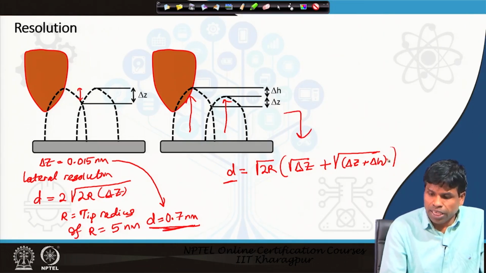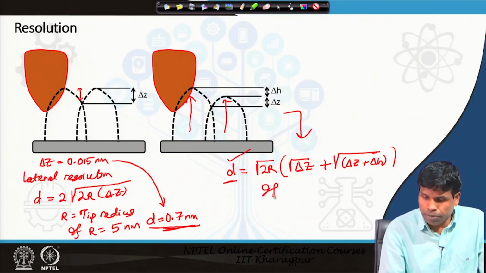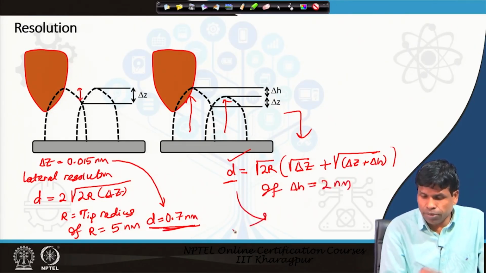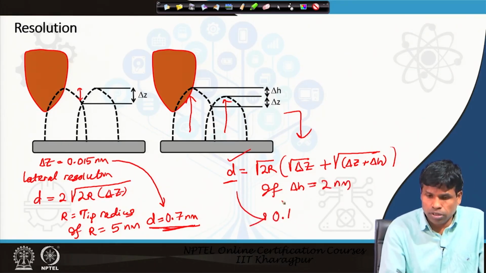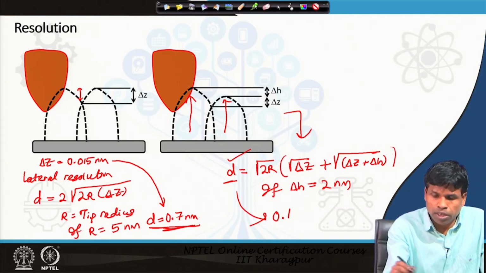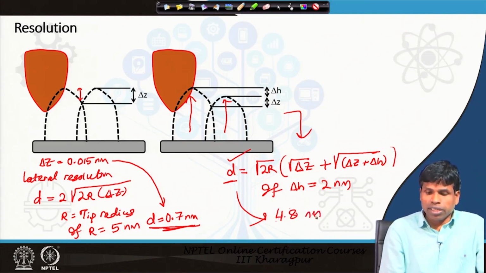Now you see here again, when the height difference changes, this d value will increase quite a lot. Let us say if del h is around 2 nanometer, then this d value will be much higher, approximately 4.8 nanometer. You see a much larger variation in the resolution.